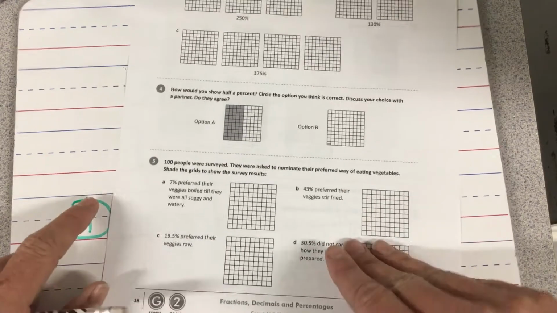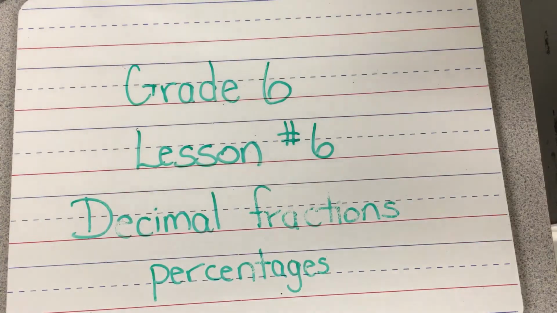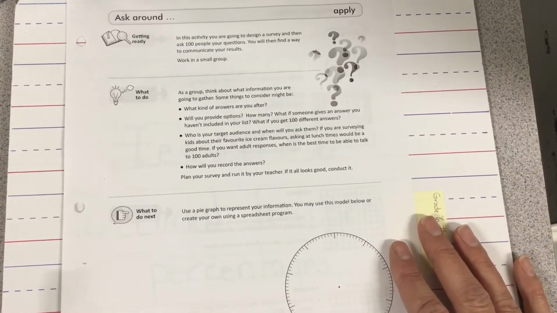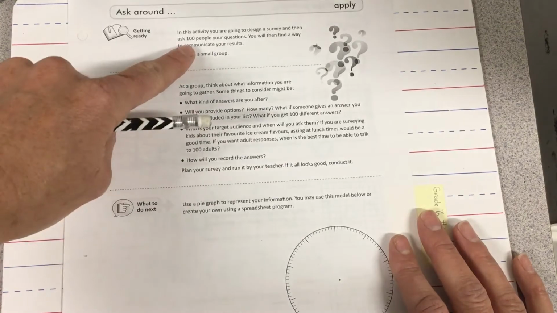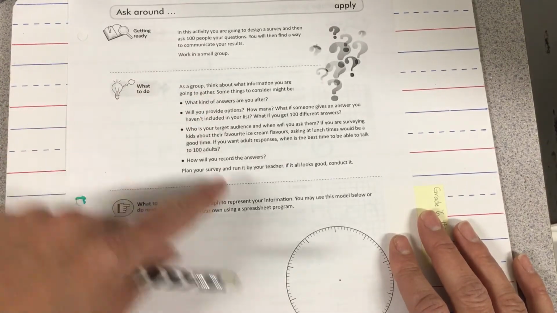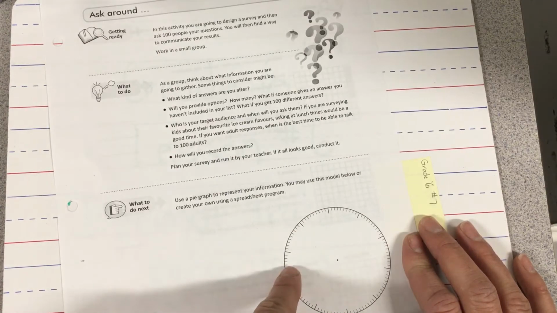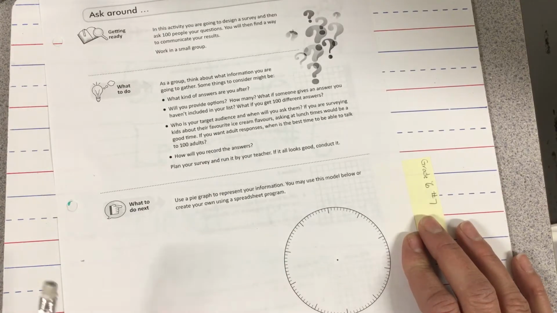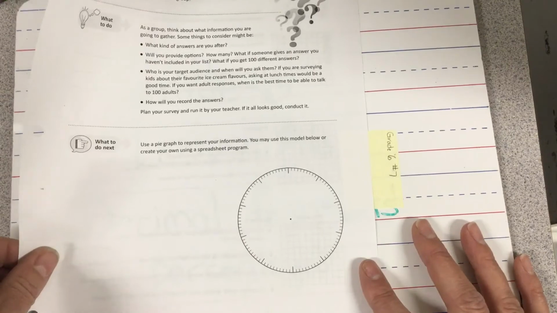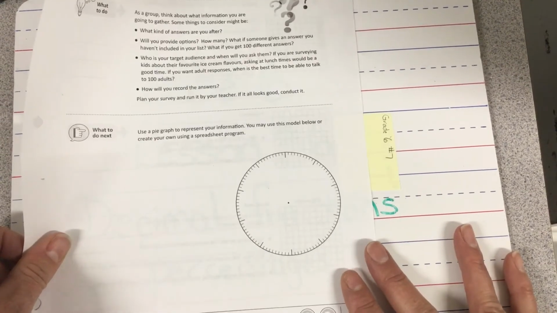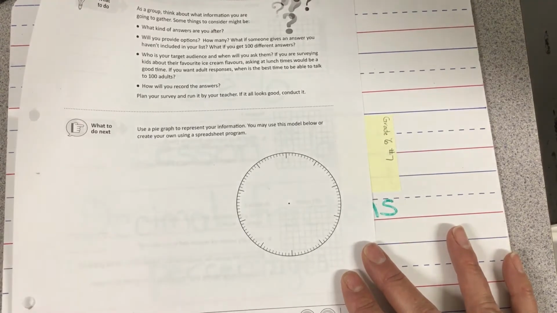And then the last page I want you to work on is like a problem-solving one. It's basically one question just broken down. The biggest thing I want to go over is you start at the top, you read, you work your way through these, and then down here I want you to take the information that you have and represent it in a pie graph. Things to remember on a pie graph is you use a ruler, and I will post a picture of a pie graph so you can see one.